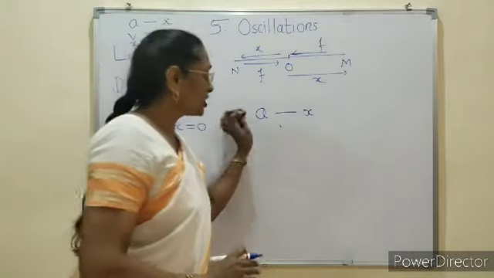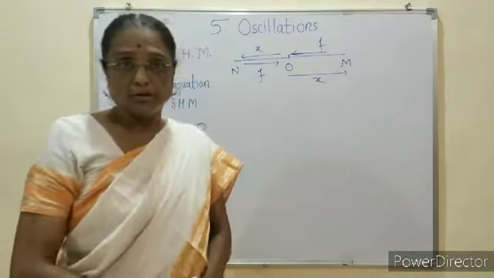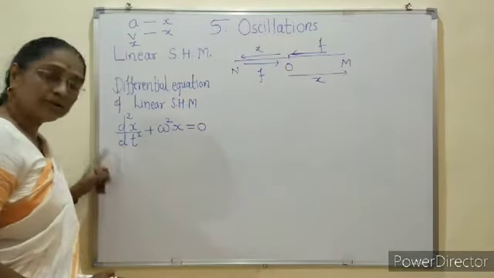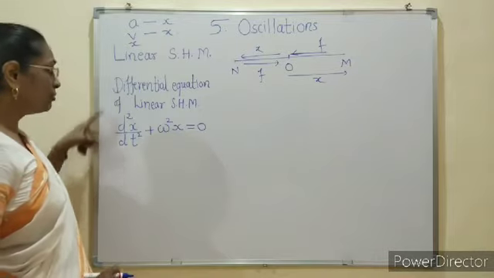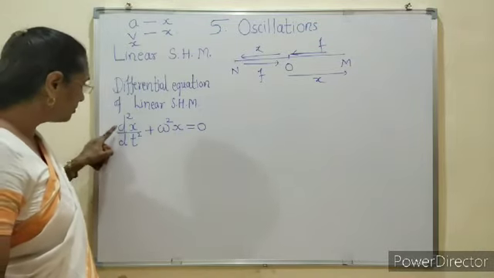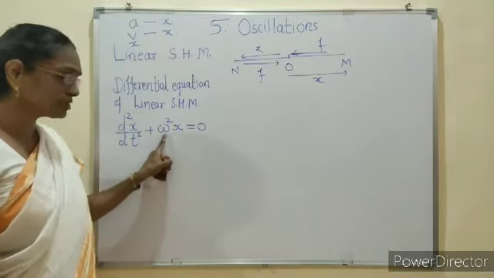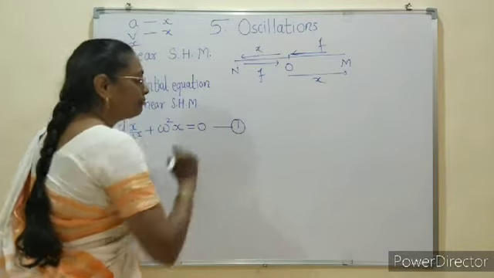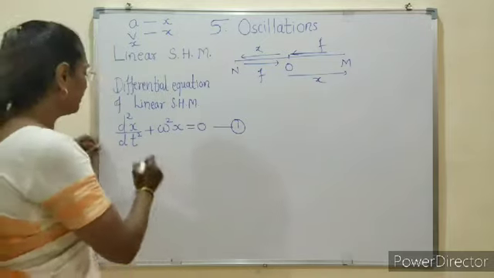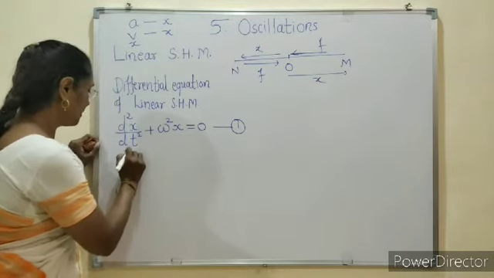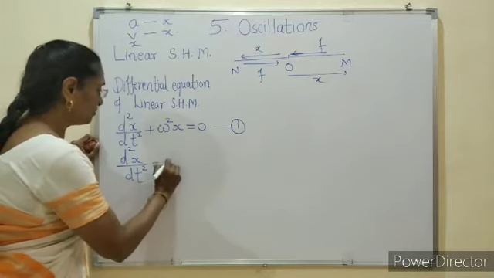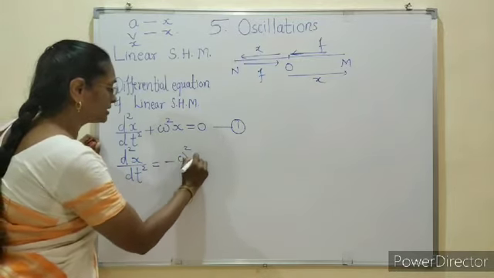So let us start from the differential equation. Starting from the differential equation of linear SHM, d square x by dt square plus omega square x is equal to 0. Suppose this is equation number 1. It can be written as d square x by dt square is equal to minus omega square x.